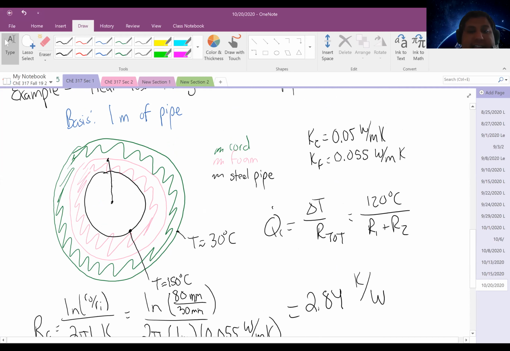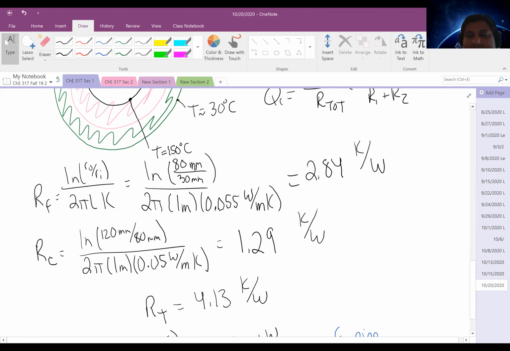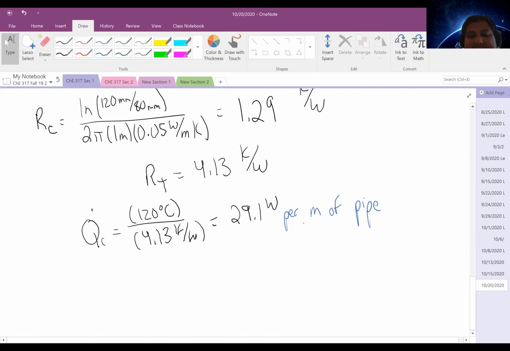No, I wrote it wrong originally. Wait, so is the basis based on length or surface area? It's based on the length. So I'm basically plugging it in here, for L. I see. The pipe length wasn't given, so you solve for essentially the heat transfer rate per unit length. Got it. Thank you. Welcome.